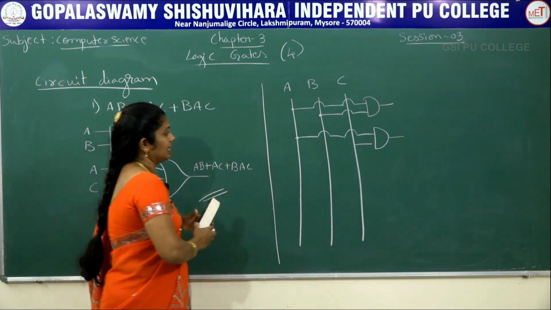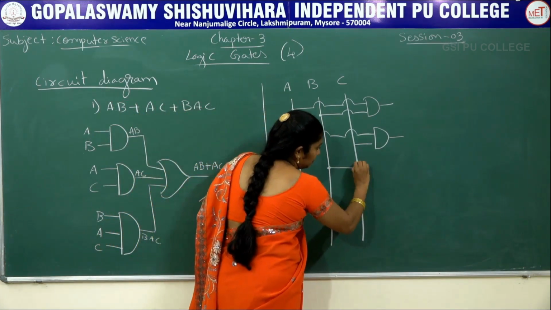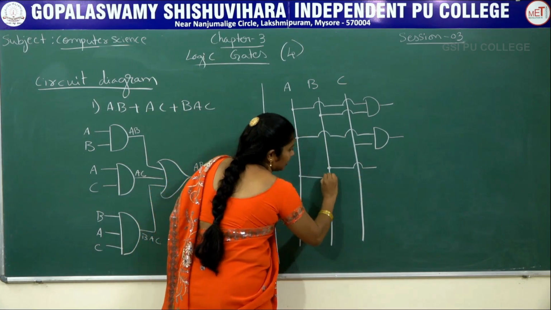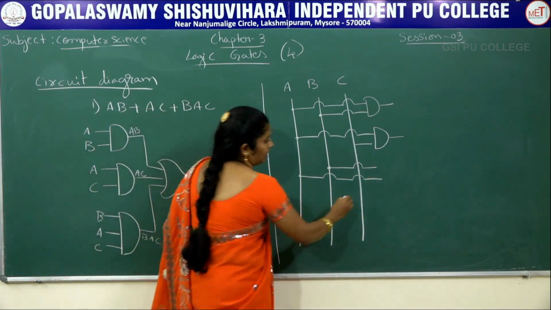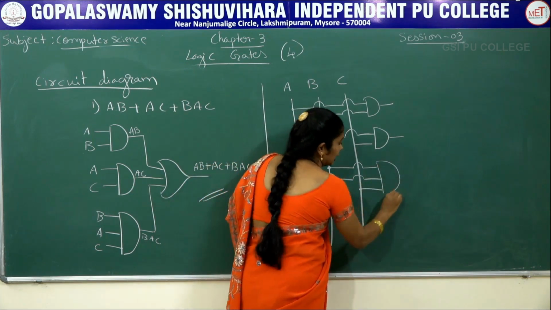Next we have BAC. Here we have B. Don't cross the line directly, just pass above that B, then next A from here. Next variable we have C. From here take down one more part. All of these are connected with a D shape.